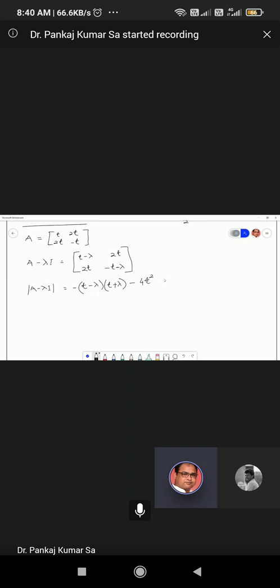So this one becomes a plus b into a minus b, a square minus b square, minus t square minus lambda square, minus 4t square.